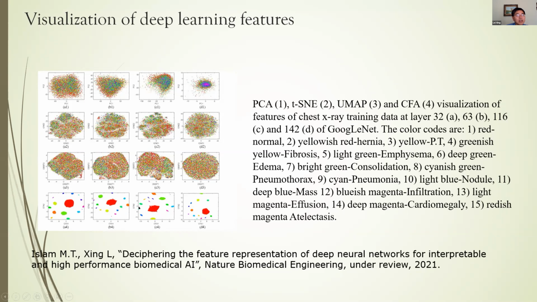This is using a learning-based clustering technique. You can see that even at the very early layer, like 32, we can see the 14 classes. That changes as you go from one layer to another, so you can really monitor this whole process.